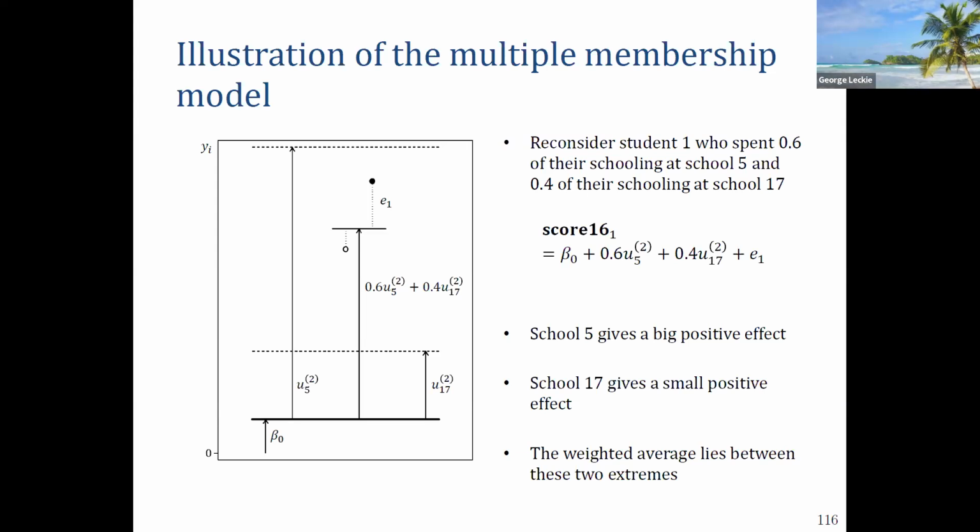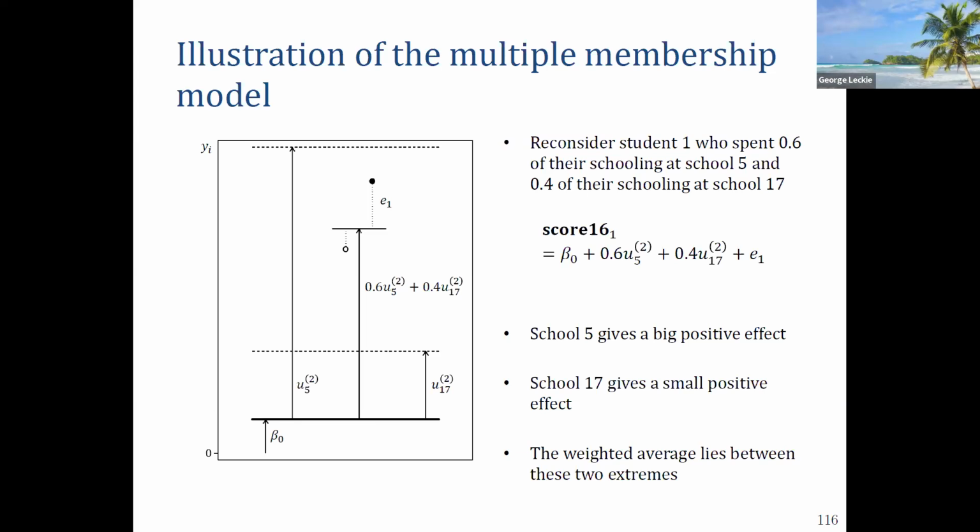But my child also attended school 17. Well, this is the school effect for school 17. There's no weight on here. So this is the mean score for those kids who only attended school 17. Now, my child has a mixture of those two things. They spent 3 years in school 5, 2 years in school 17, and so they end up as a weighted average between those two lines, that little horizontal line.